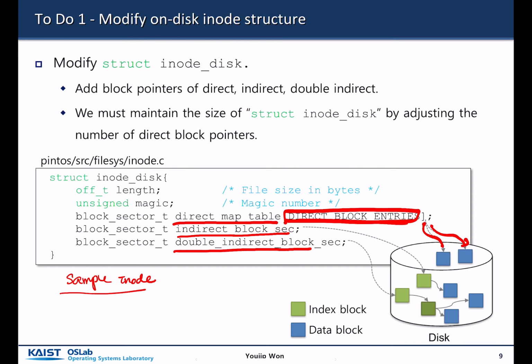Then the indirect block points to a pointer block that points to the data blocks. The third one is the double indirect block. It points to a pointer block that points to another pointer block, which then points to the data blocks. So this is 2-level indirection.